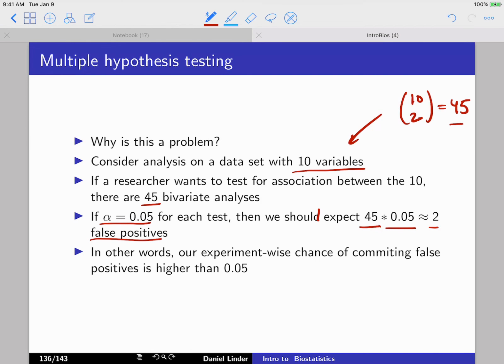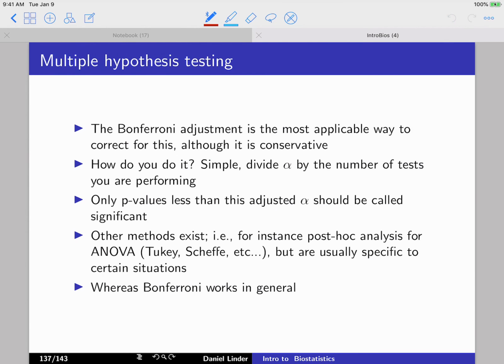In other words, our experiment-wise chance of committing false positives is actually higher than our individual level. Anytime you do multiple hypothesis testing like this, this is what potentially can happen. You have a much higher experiment-wise error rate than these individual tests.